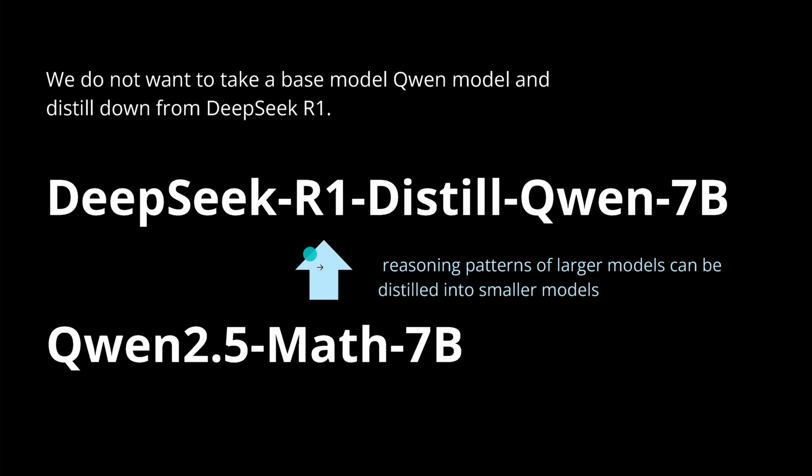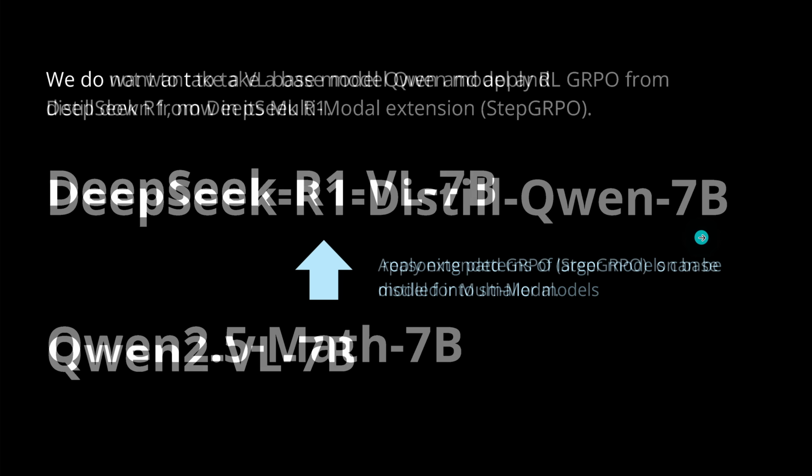So now I understand why they did not go with the base model, the Qwen 7B, the distilled version. The reasoning patterns of the larger model can be distilled into the smaller one, so they take the full reasoning traces of R1 and bring them down to a Qwen 7B and call this the DeepSeek R1 distilled Qwen 7B. But we want to do something else.